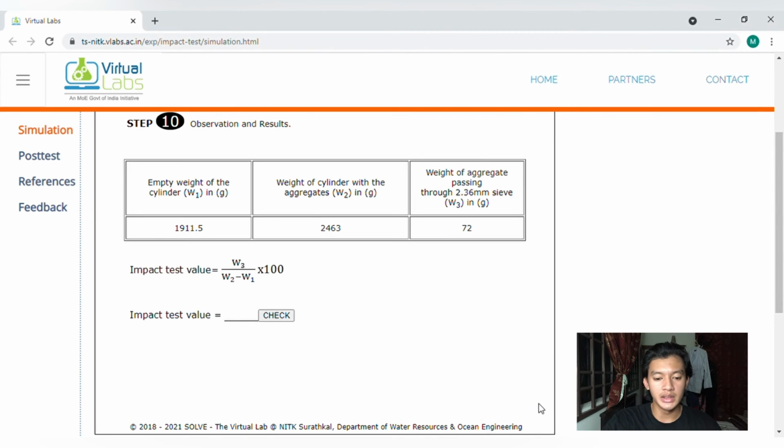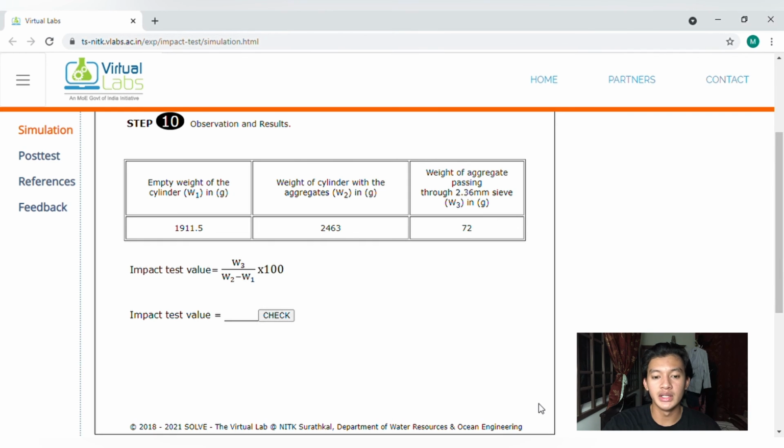Okay, step 10 is observation and result. Empty weight of the cylinder W1 is 1911.5 grams. Weight of cylinder with the aggregate W2 is 2463 grams. Weight of aggregate passing through the 2.36 mm sieve W3 is 72 grams.